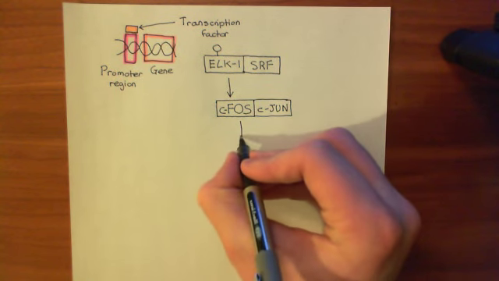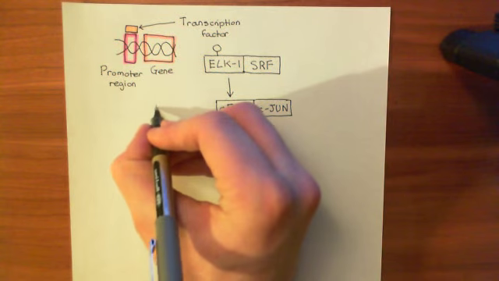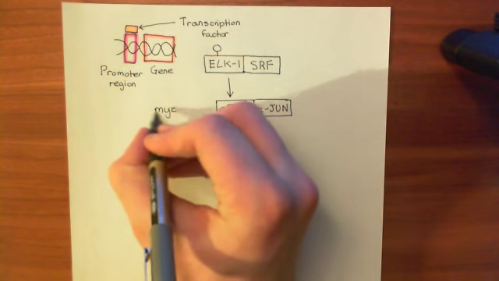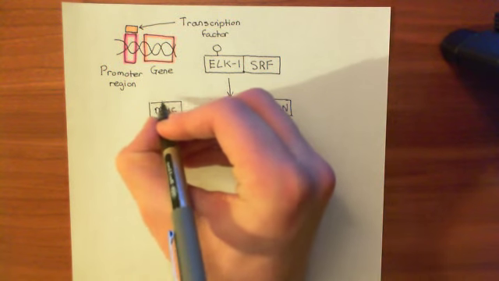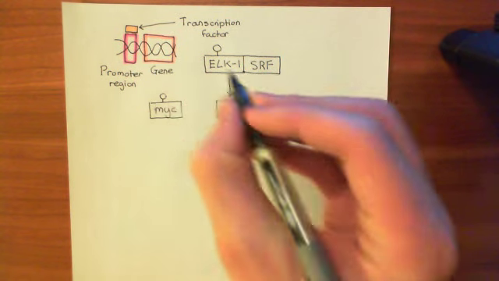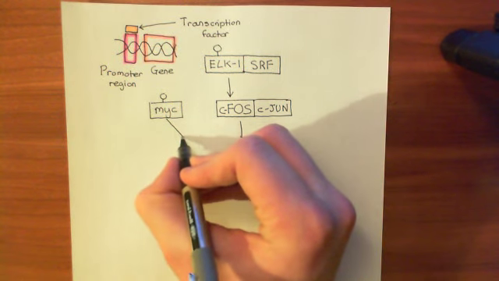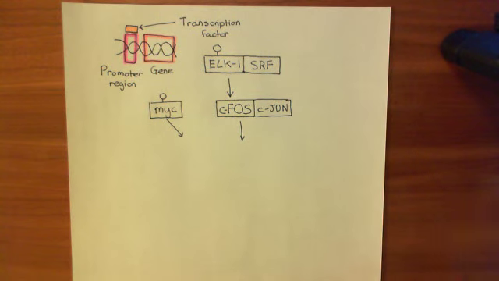As a transcription factor, it does pretty much the same thing as MYC does, so now we can reconverge the pathways. Basically what MYC and CFOS-C-jun heterodimers cause is the change in gene expression that is needed to take a cell from the interphase of the cell cycle into the G1 phase.